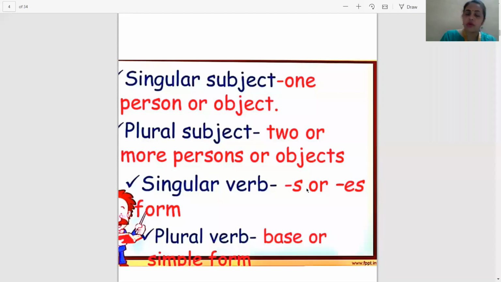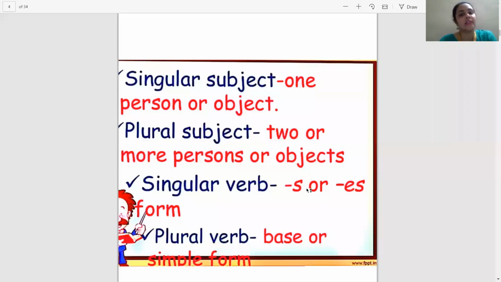Either the subject or the verb should be plural, I mean should have s or es. Clear? So how to make singular verbs? By adding s or es. And how to make plural nouns? By adding s or es.